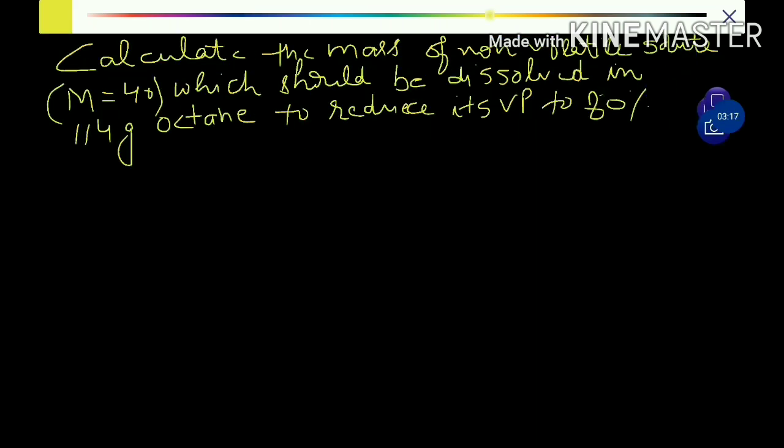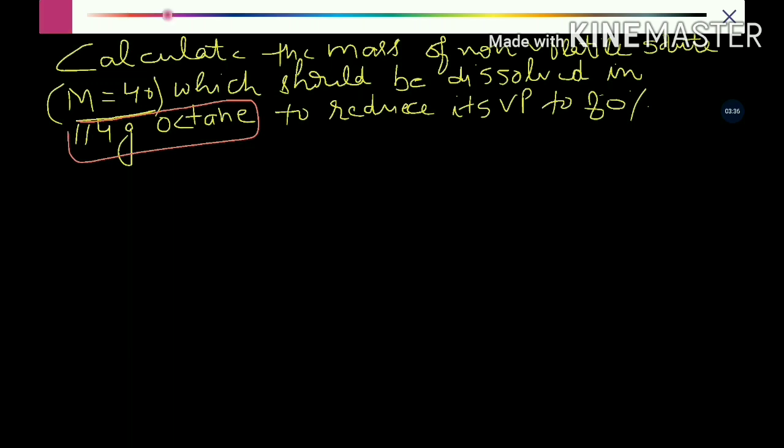Calculate the mass of non-volatile solute. Molar mass 40 is mentioned in the question, which should be dissolved in 114 gram octane, also mentioned in the question, to reduce its vapor pressure to 80%.